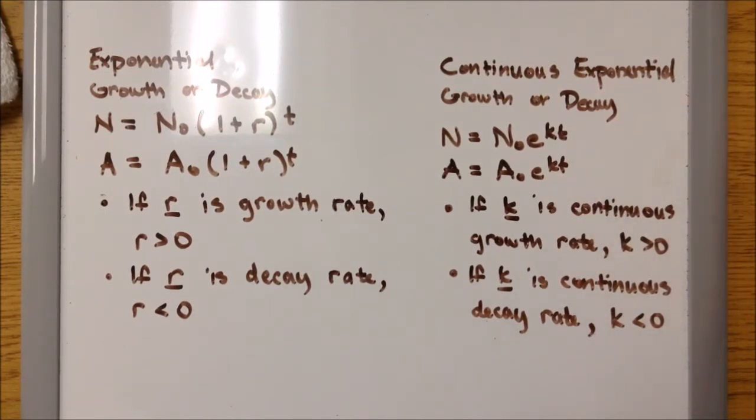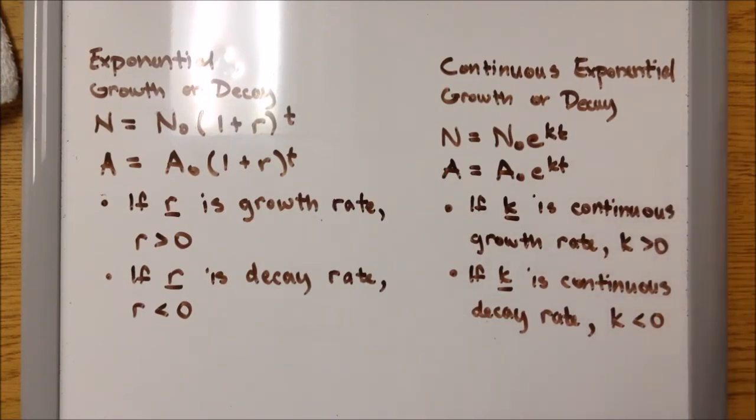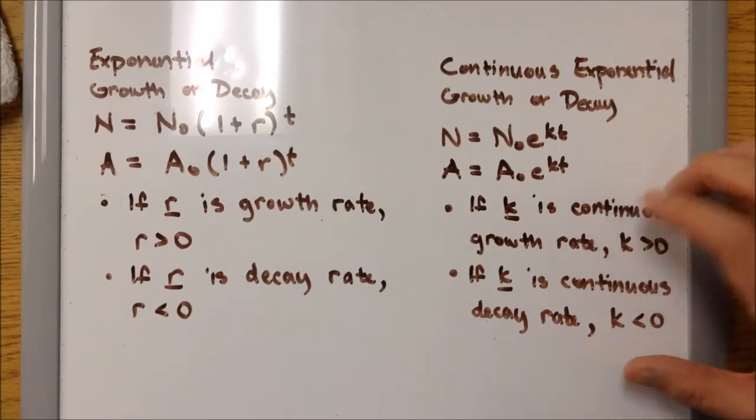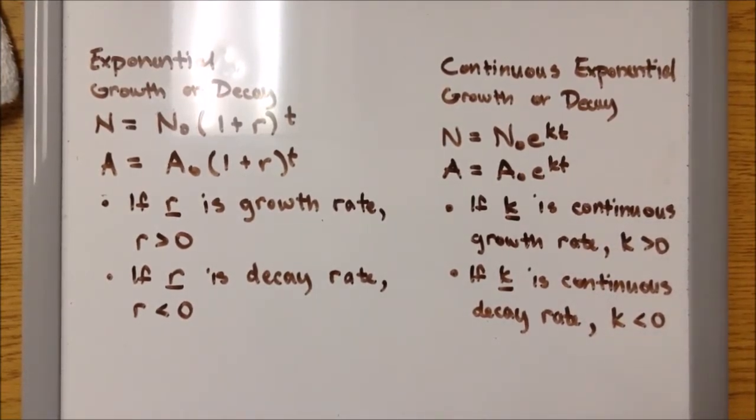Now, if it doesn't tell you a certain amount of months, hours, years, or semi-annually or annually, then most likely you will use continuous exponential growth or decay. Sometimes problems would say continuous, and then you would use this. But if it doesn't tell you a set amount of time, you would use continuous.